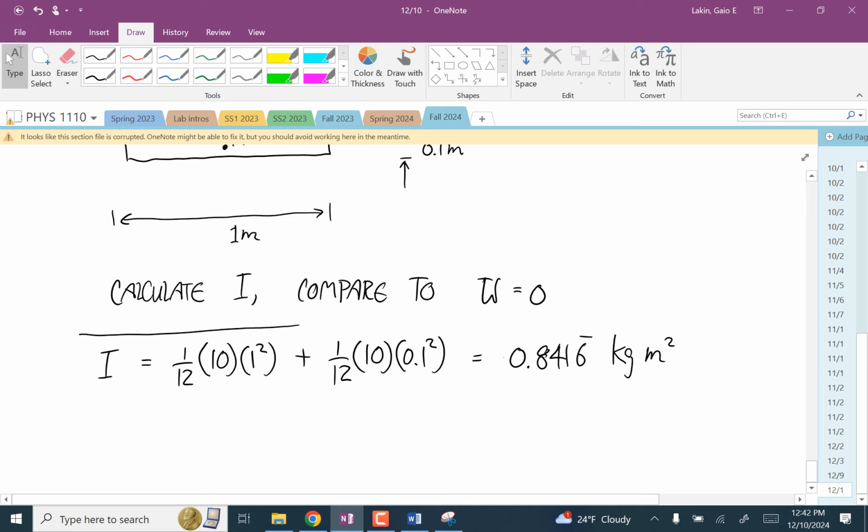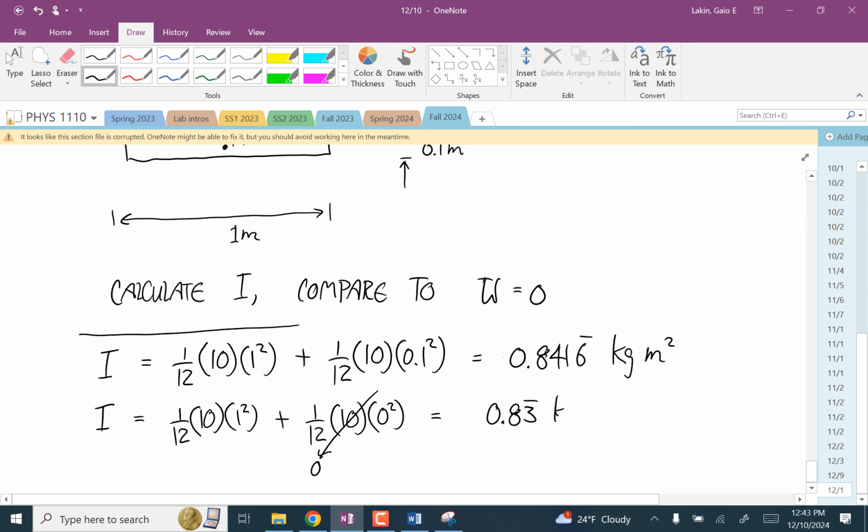But now what if we treat that width as 0? Then we get 1/12 times 10 times 1 squared plus 1/12 times 10 times 0 squared. So this whole thing goes away. And what we get is 0.83 repeating kilogram meters squared.